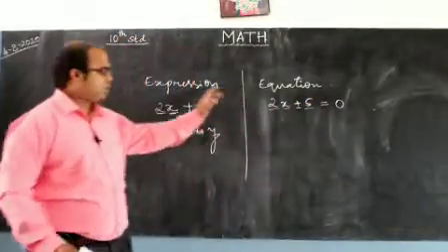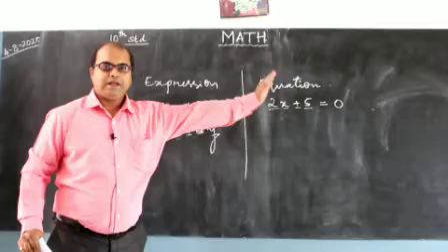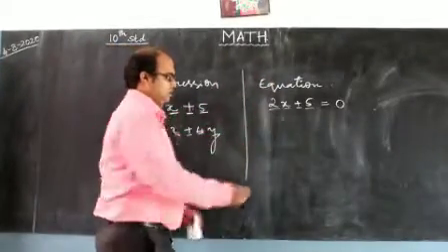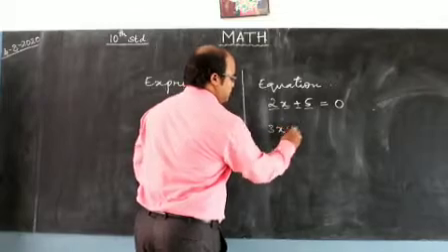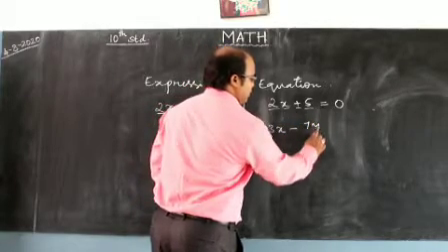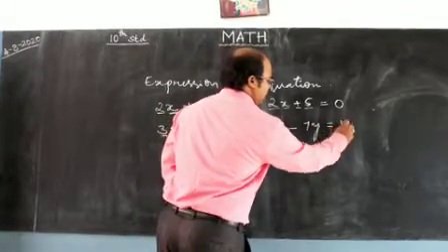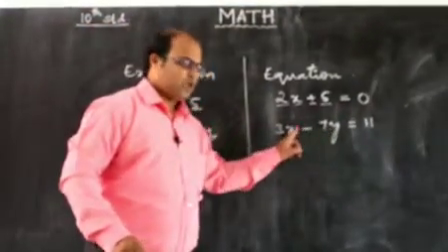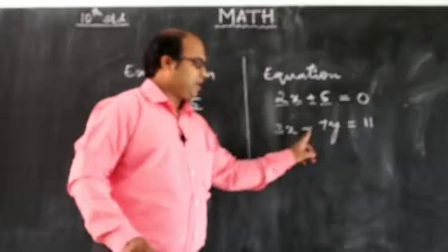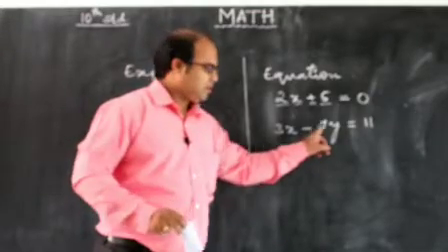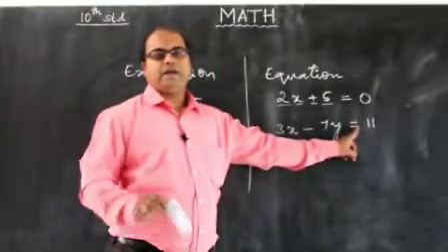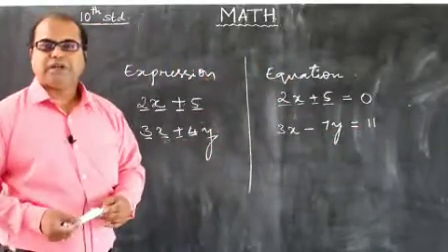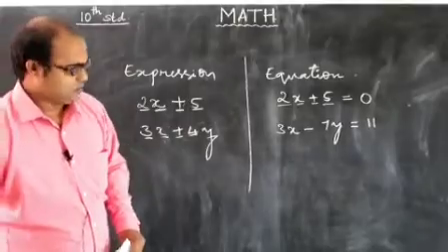So this is the difference between an expression and an equation. Let me give you one more example for equation: 3x minus 7y equal to 11. You can see a constant, a variable, a mathematical operator, and equal sign. So this is the difference between expression and equation.